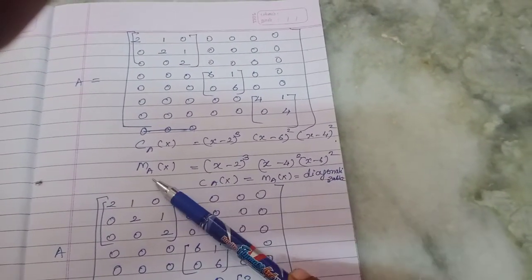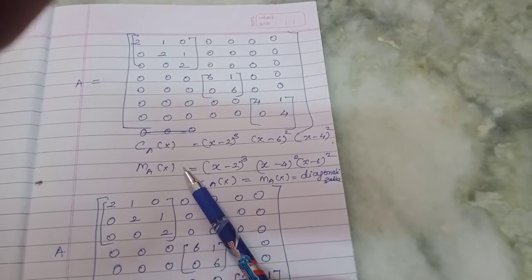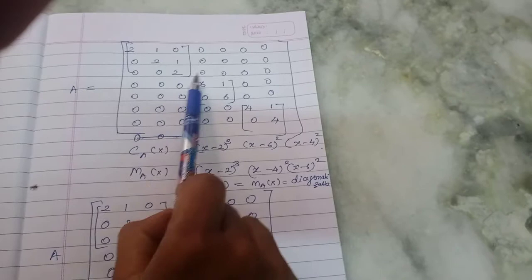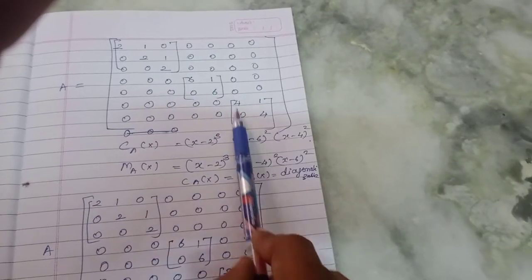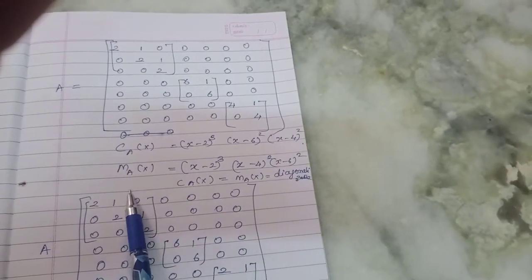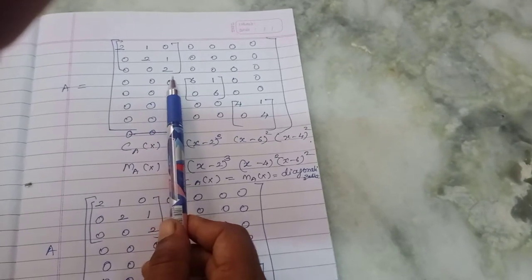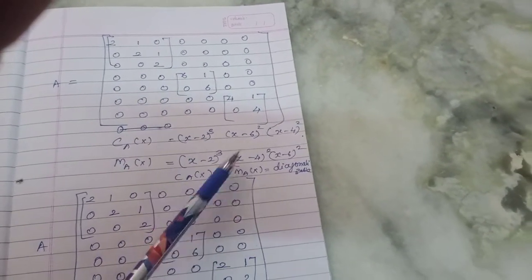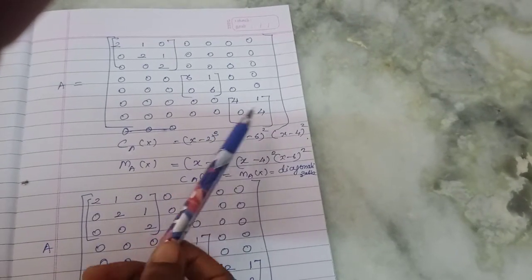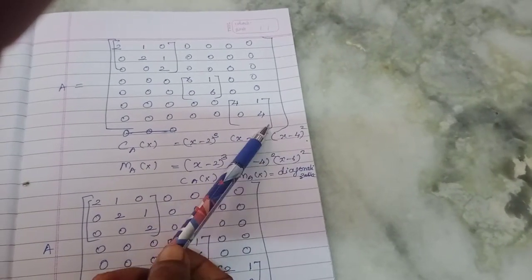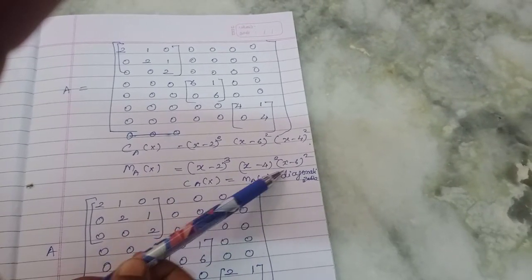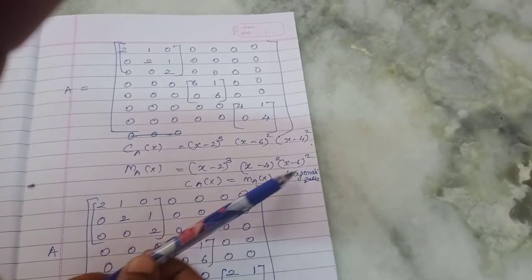To find the minimal polynomial, as I said, once the Jordan blocks are formed, the sizes of the Jordan blocks give the minimal polynomial. Here (x minus 2) cubed is the largest Jordan block, so it is in the minimal polynomial. Here (x minus 4) squared, a 2 dimensional block, and this is also a 2 dimensional block, so (x minus 6) squared.